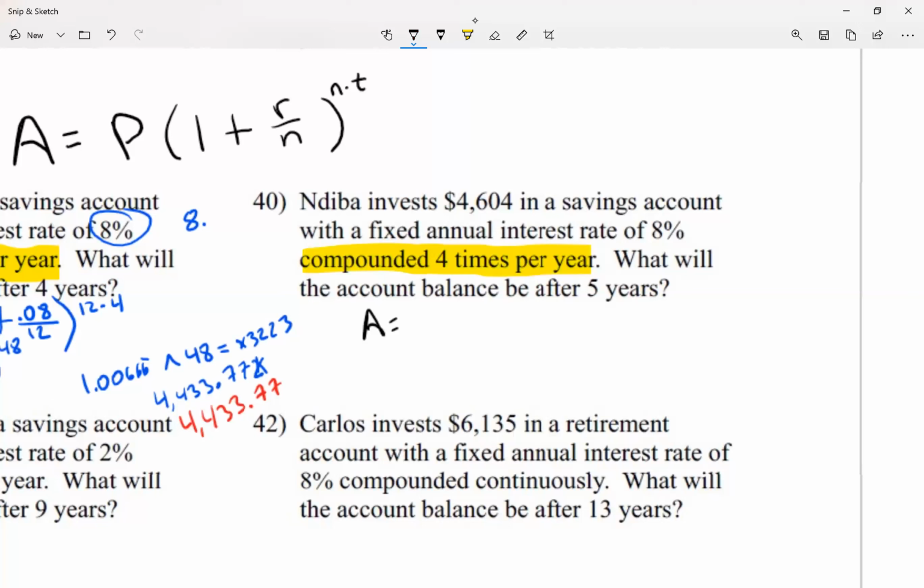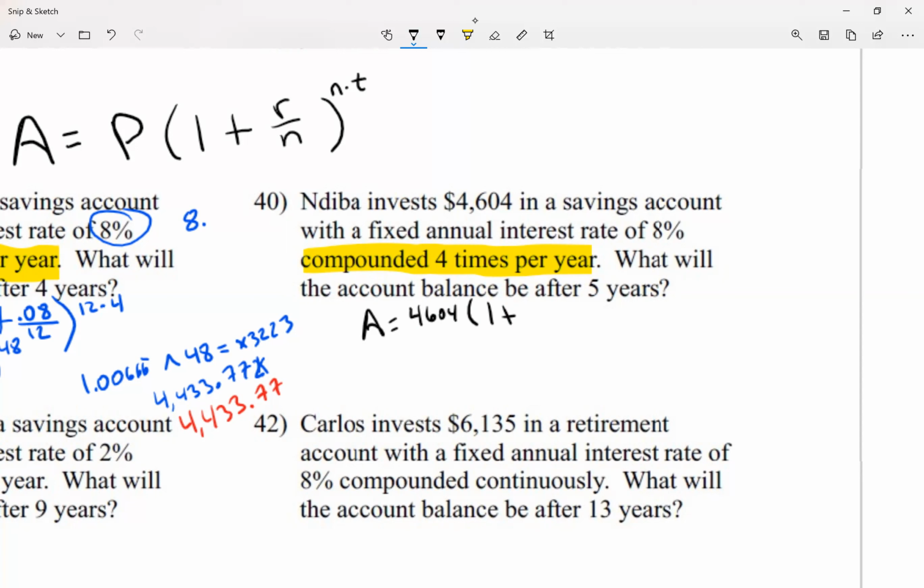So my principal is 4,604. Now inside my parentheses, I'm going to have 1 plus. Remember, I need to go rate over n. And rate is obviously the percentage. And n is how many times it gets compounded per year.